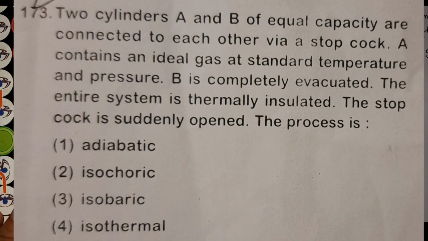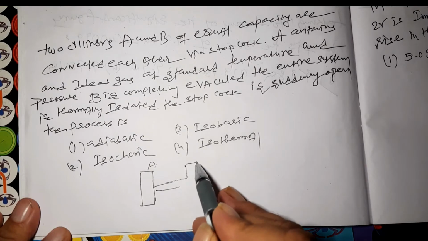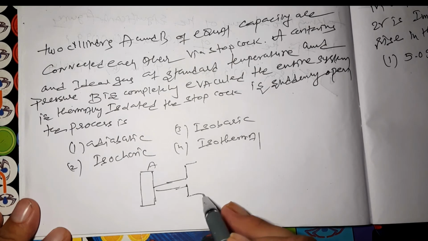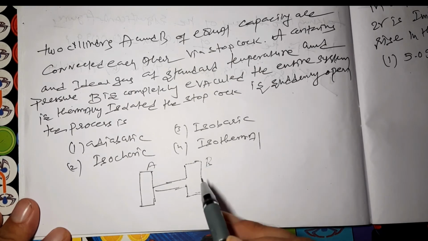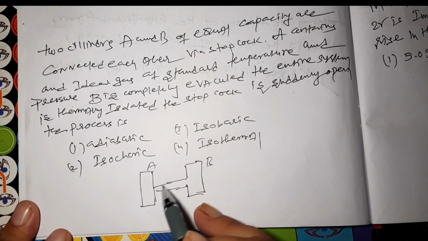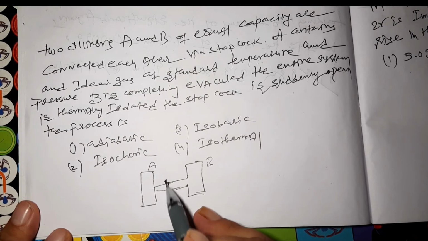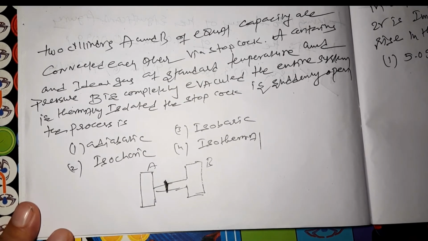So this is cylinder A, and this is cylinder B. This is the stopcock.